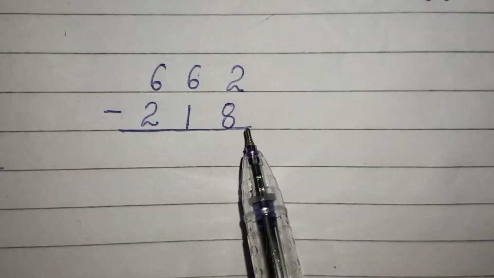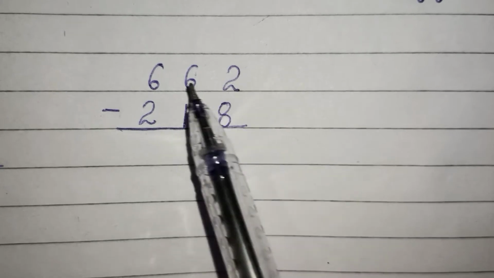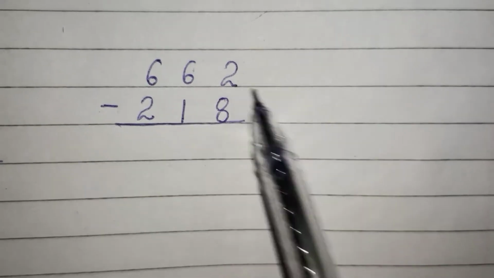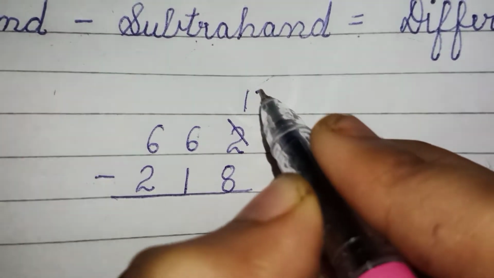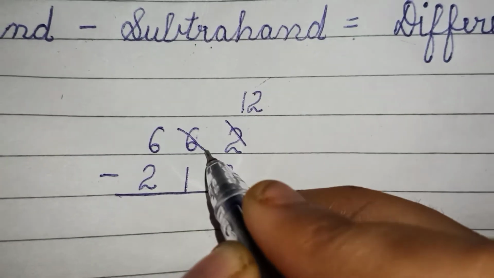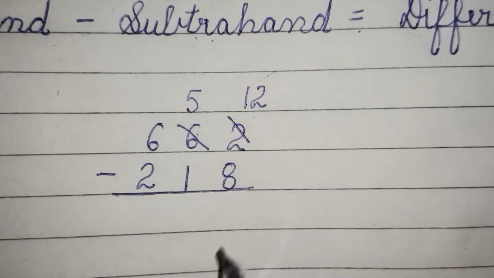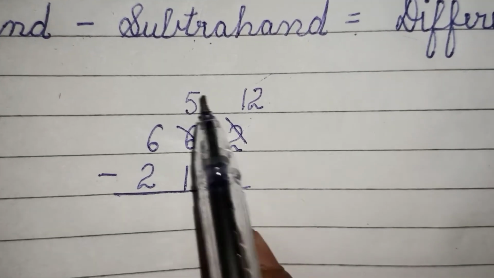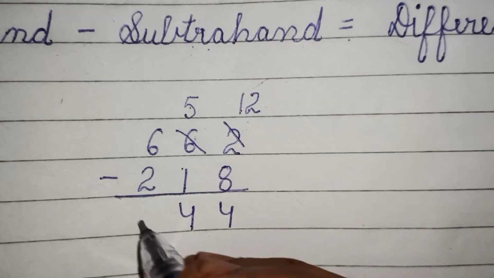Now subtract it. 2 cannot cut 8, so it will borrow from 6. 6 gave 1, it becomes 12, and 6 becomes 5. 12 minus 8 is 4. 5 minus 1 is 4. And 6 minus 2 is 4.